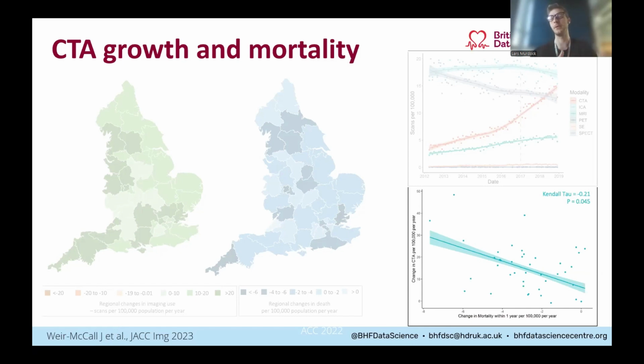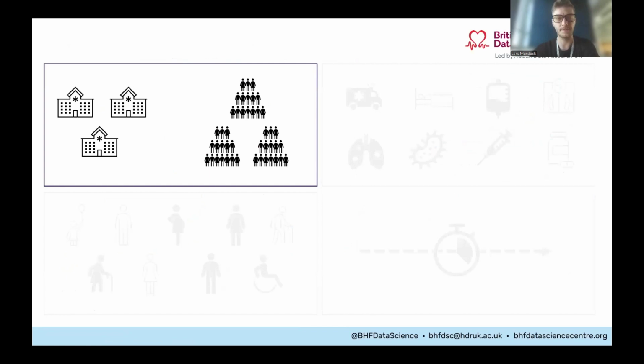So where we might want to take this finding and spend a lot of money doing more of those kinds of scans, making sure that they're more used in investigations, it's not really something we can do on the strength of this evidence alone, because, for example, it might be a case that richer areas also have healthier patients. So the places that are more able to afford to offer these scans are also the ones that have the healthier patients who tend not to die from particular kinds of mortality associated.